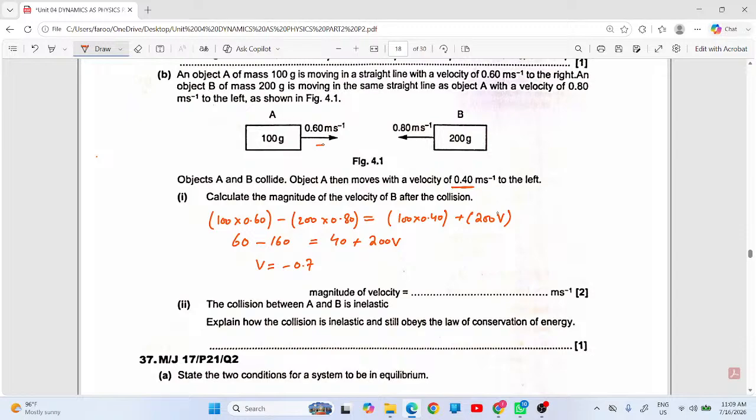If we take plus, this should be minus: 100 and 0.40.